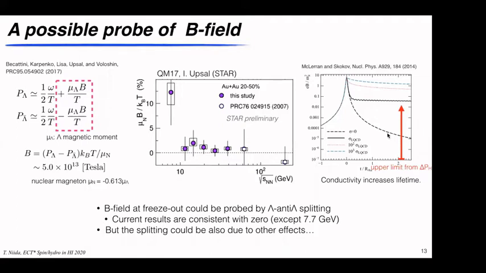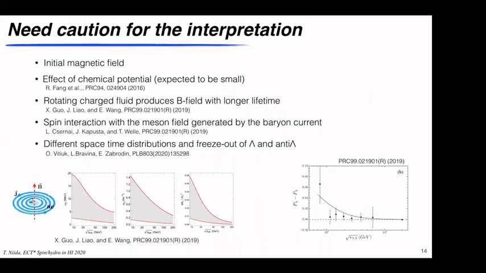Of course, there could be other effects that make this lambda and anti-lambda splitting. I listed some here, but you may know of other effects. There could be the effect of the initial magnetic field, and in addition, there might be the effect of chemical potential, which is expected to be small.